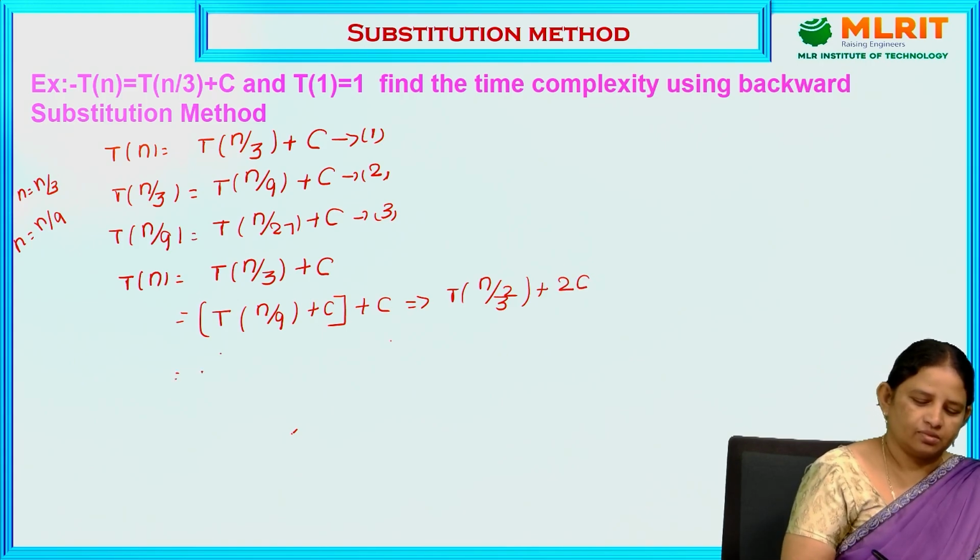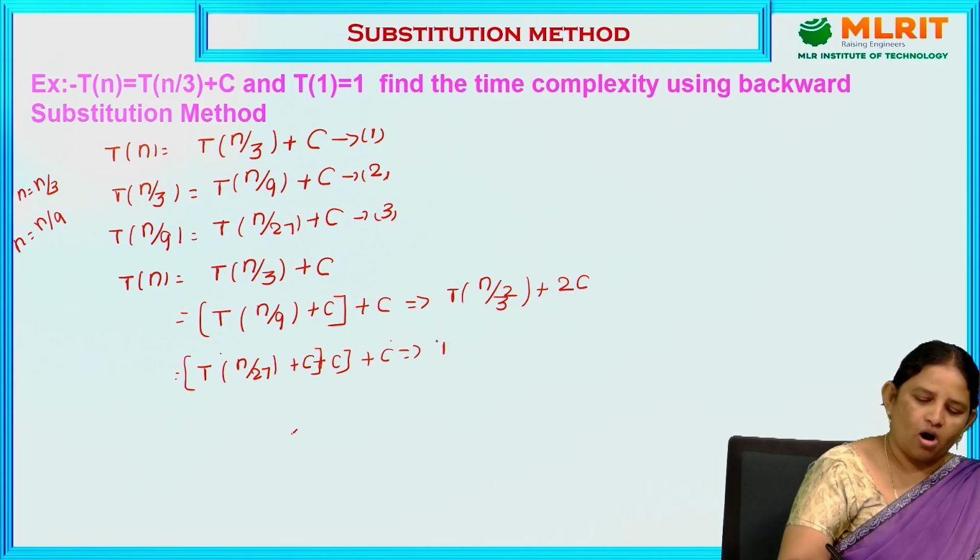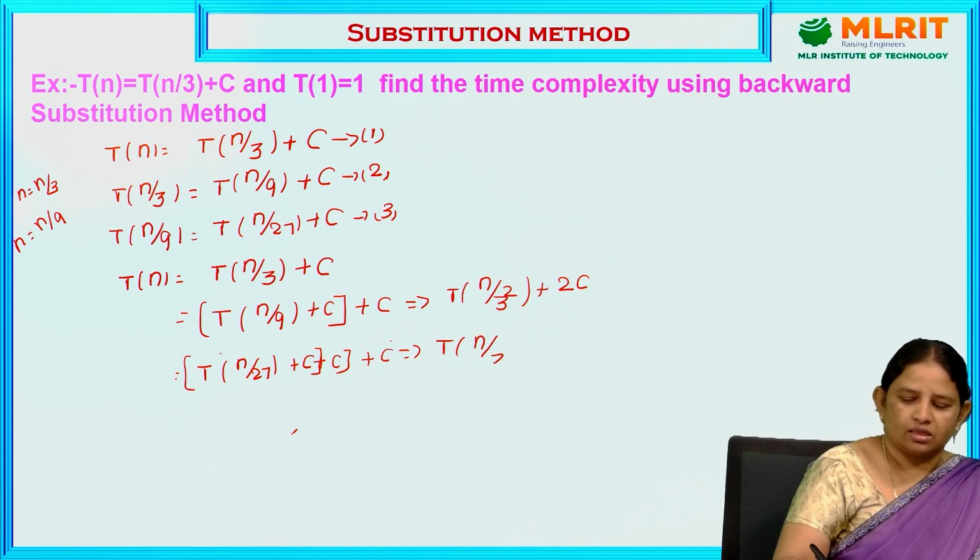Next, what is n by 9? T of n by 27 plus c. So already plus c is there, plus c, again plus c, 2c is there. That is equal to T of n by 3 cube plus 3c.